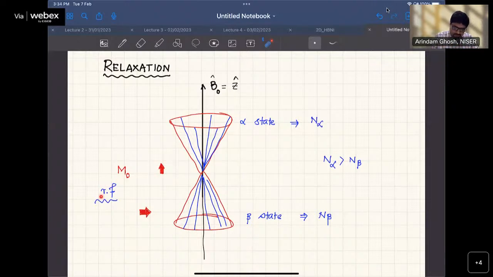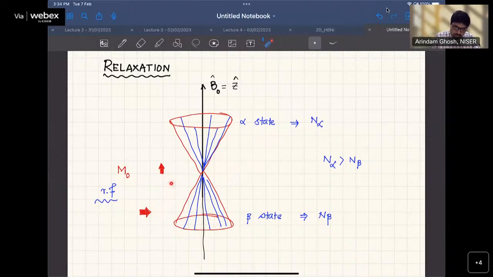Now, once I give this RF pulse, I'm creating from this particular situation to this particular situation. Here, the one created, which is tilted onto the XY plane, is not an equilibrium situation. So therefore, as nature always does, because we have given this RF pulse, I have actually pumped some energy into the system to create this non-equilibrium situation, and nature will always release that extra energy somehow, and then it will go back from this particular state to the equilibrium state like this, correct?